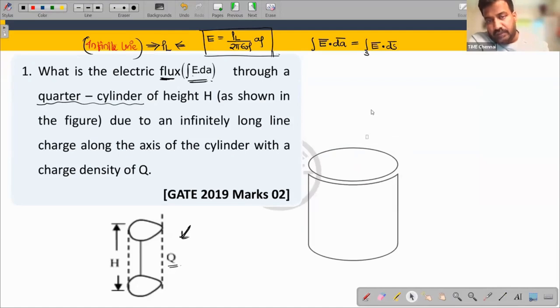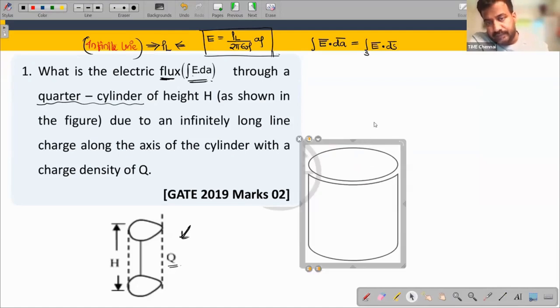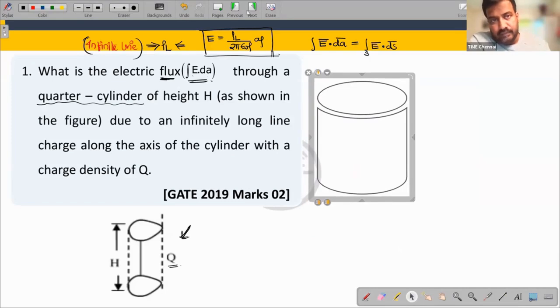I took only 1/4 of this cylinder. Not exactly. That is why a small change is required, Dinesh. See the question carefully again.